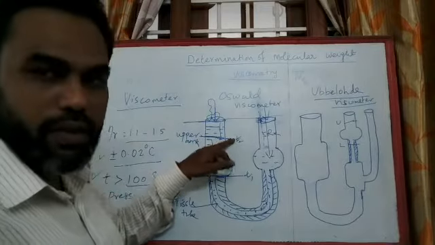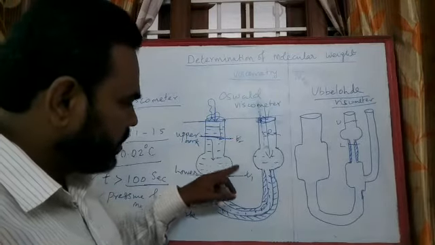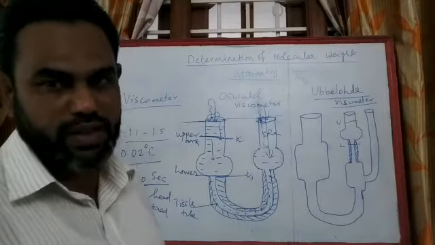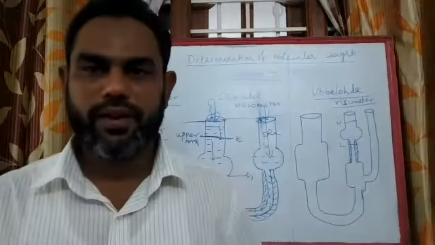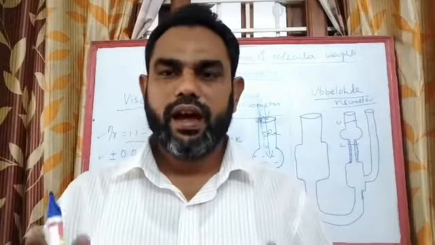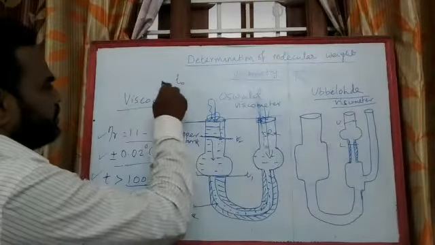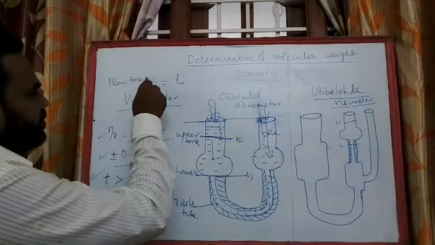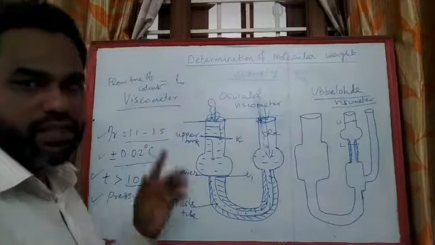When it reaches the upper mark, you note the time, and when it reaches the lower mark, you note the time. So the experiment is over up to here. What you measured is the flow time of solvent, noted as T0.